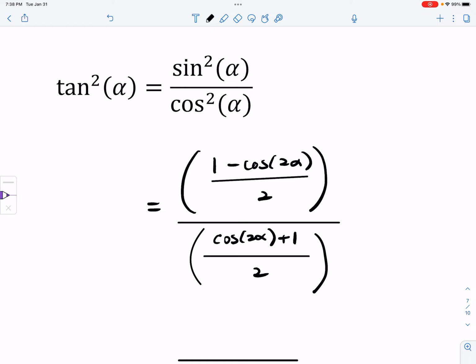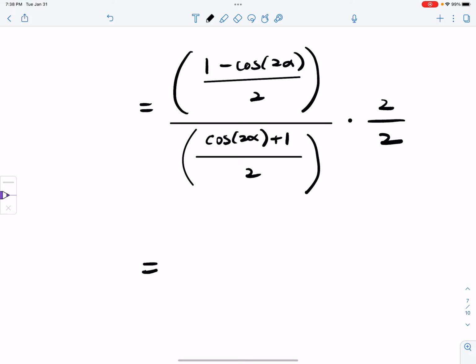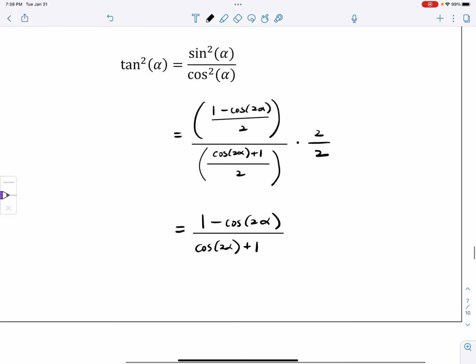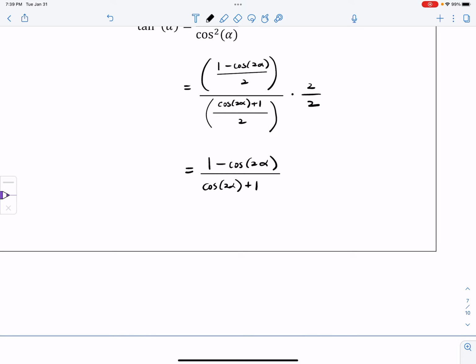And then in order to get rid of the complex fractions, we'll multiply by a version of 1, which will be 2 over 2. And that leaves us with 1 minus cosine 2 alpha over cosine 2 alpha plus 1. So that's the power reducing identity for tangent. So tan squared alpha is 1 minus cosine 2 alpha over cosine 2 alpha plus 1.